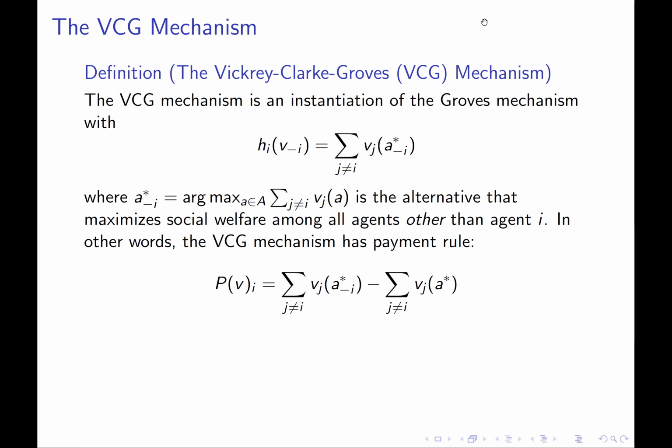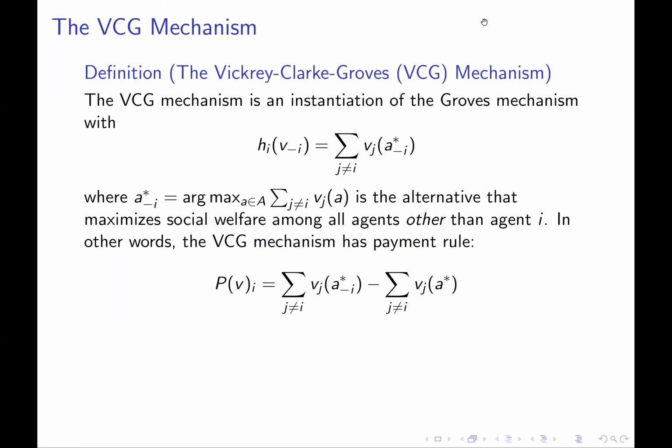So finally, I want to talk about the Vickrey-Clarke-Groves mechanism, or the VCG mechanism, which is the thing we've been building up to. Vickrey, Clarke, and Groves, by the way, won the Nobel Prize for the development of this mechanism. And the VCG mechanism is nothing but a particular instantiation of the Groves mechanism.